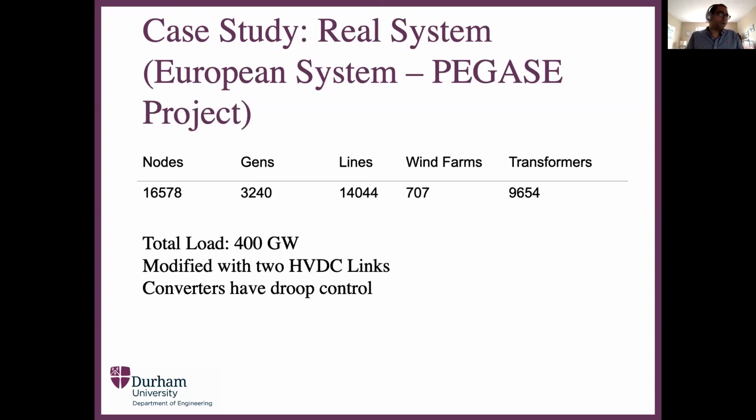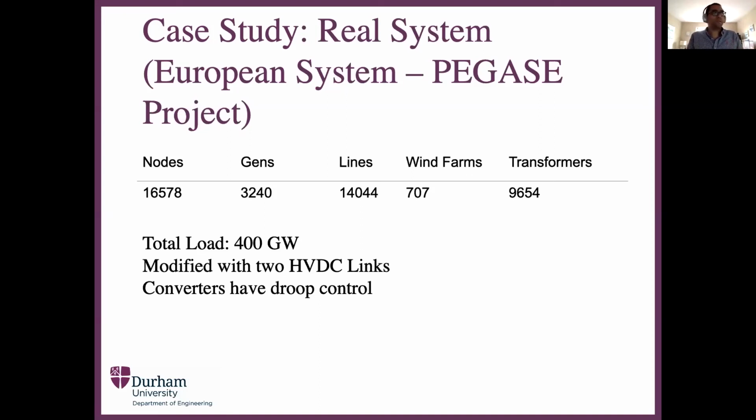So our converters were able to control voltage and power, both on the AC and DC side, depending on what we wanted. We wanted the control settings to be reasonable, so we couldn't do everything that we wanted to, because that wouldn't be feasible. But within the boundaries of feasibility, we tried to add as much flexibility as we can.